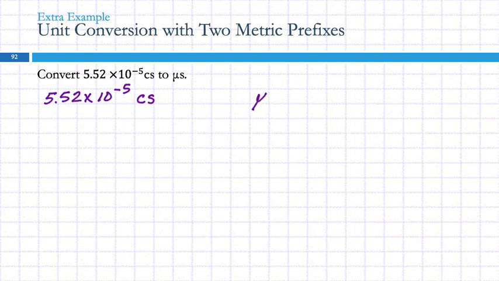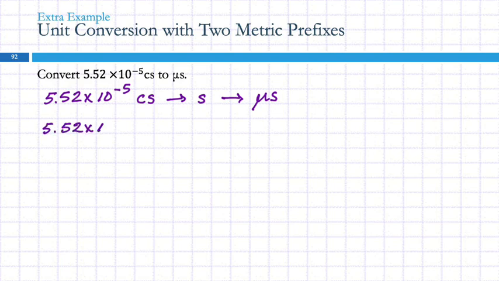And I'm trying to get to microseconds. So the step in the middle will be just seconds without a prefix. So I'm going to go centiseconds to seconds, and then seconds to microseconds. And yeah, it's 2 steps, but it's faster than trying to figure out how to do it in 1 step.